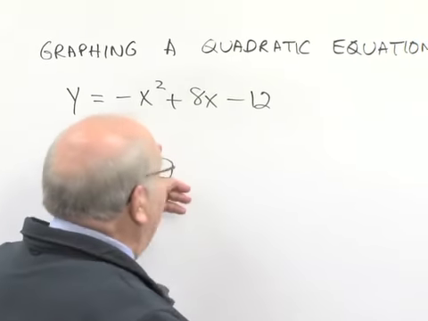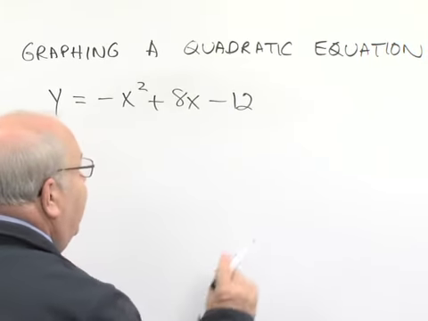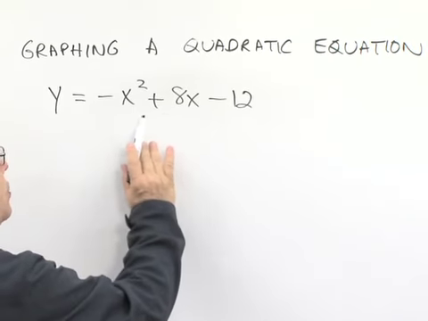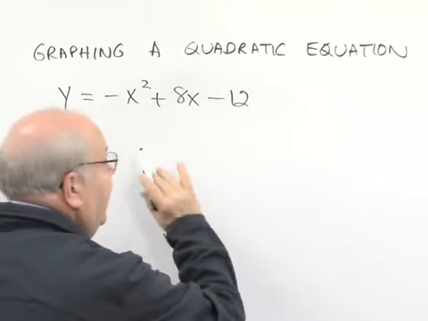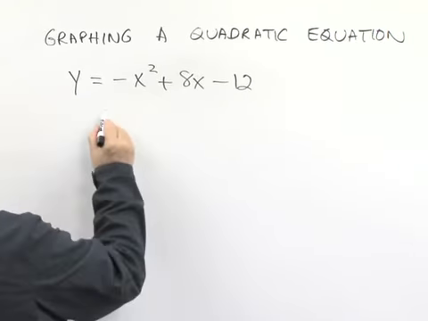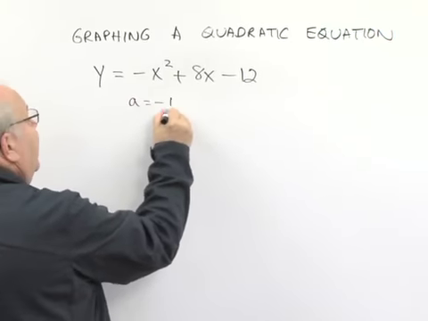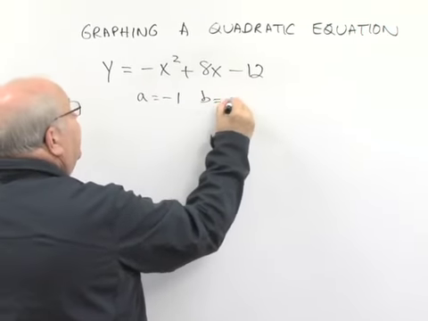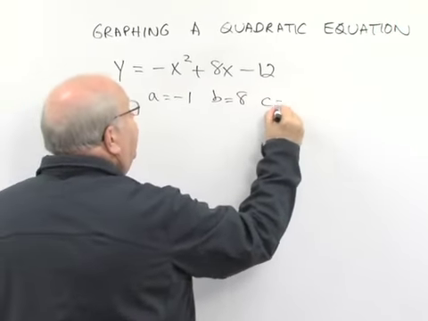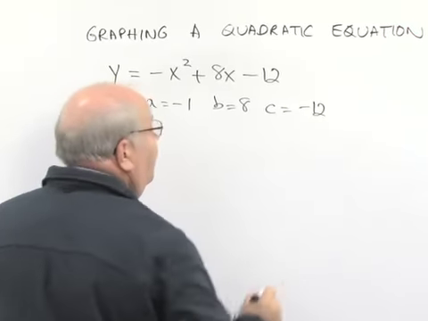First of all, we notice that in our equation, if it's in the form ax squared plus bx plus c equals the value of y, that a has the value -1, b has the value 8, and c has the value -12.